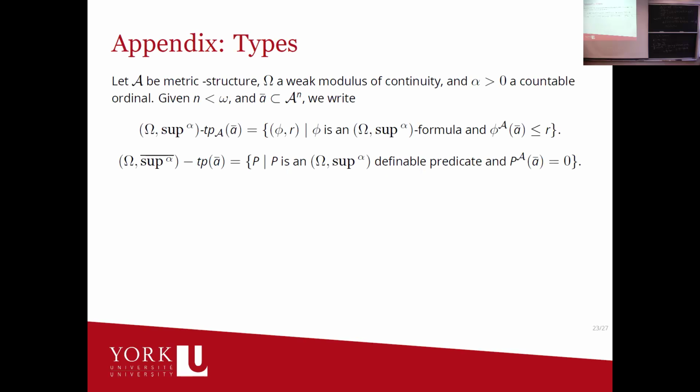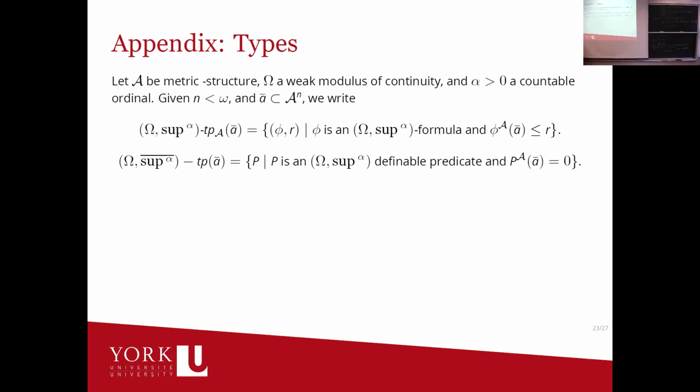So the ω Σ_α type of A, you could write it as the set of all Σ_α formulas that are 0 at A. For reasons here, I actually write it as the set of pairs (φ, r) such that φ at A is less than or equal to r.